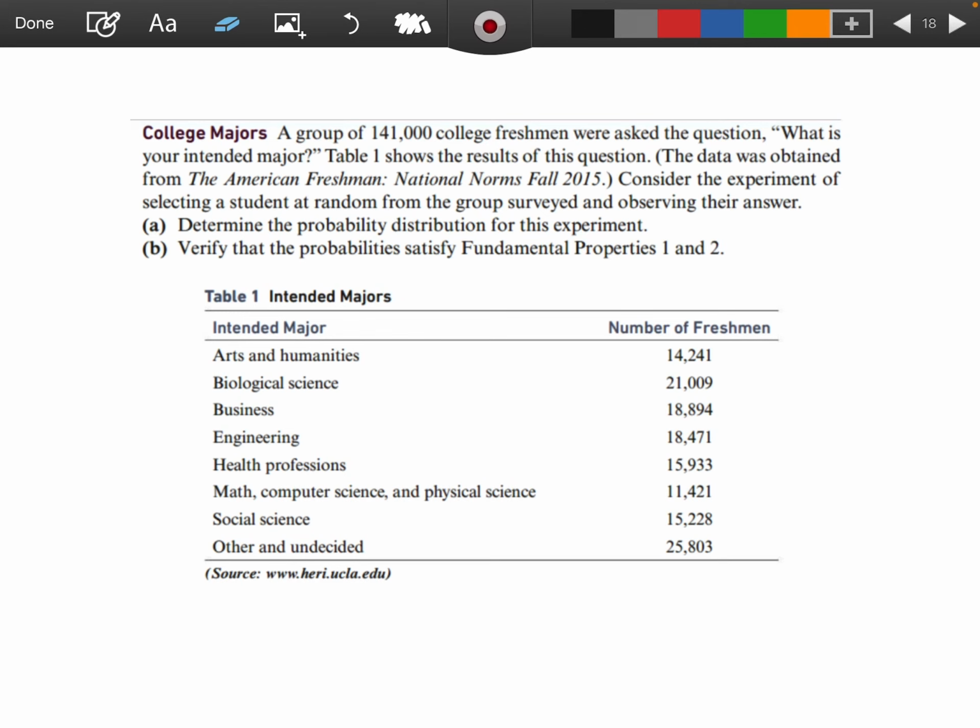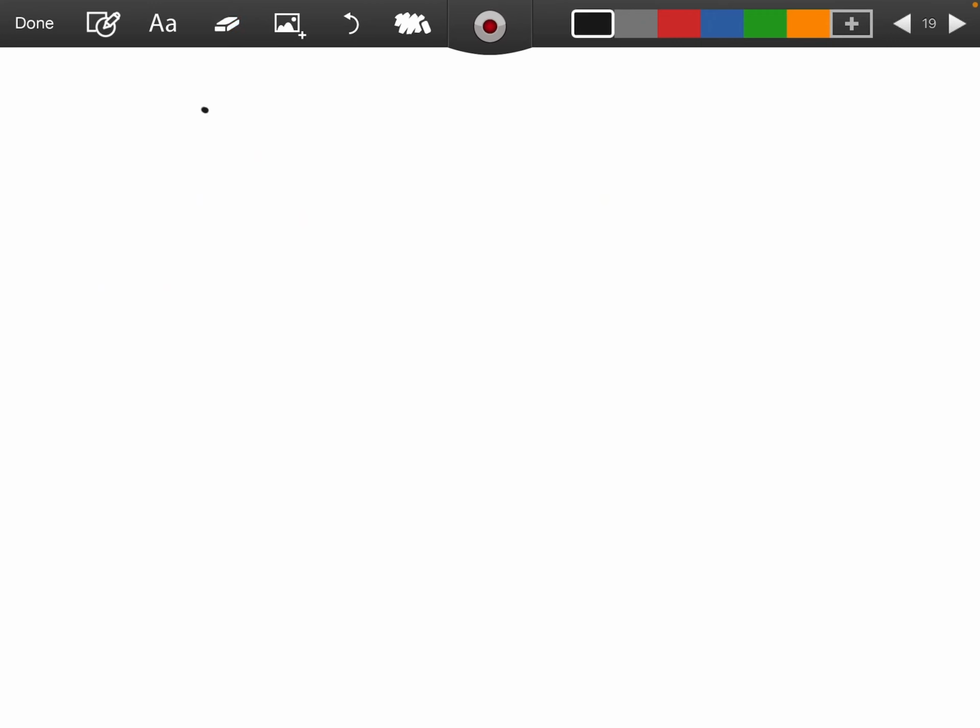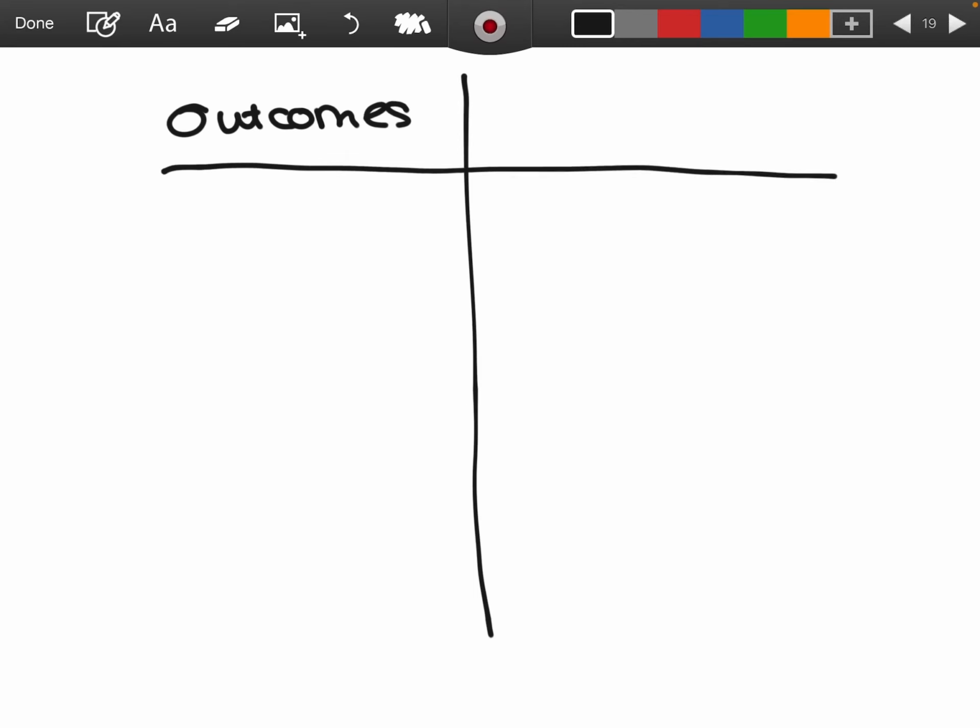So in this case, we have the number of each particular major, and then we know that there were 141,000 freshmen that were surveyed. So in order to get our probability distribution, we list our outcomes on the left and our probabilities on the right.